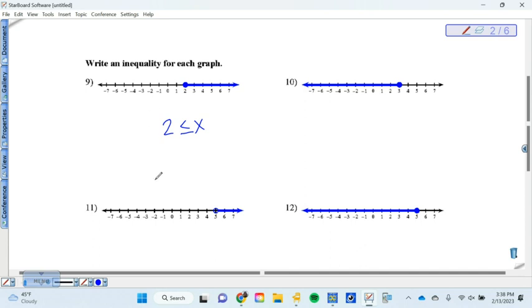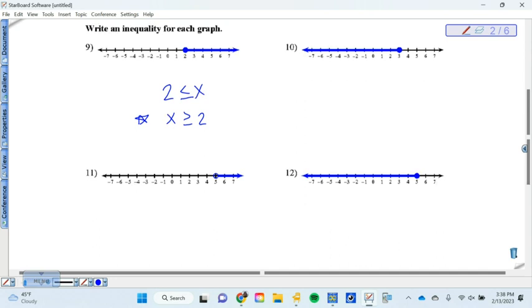How would I write this with the variable on the left-hand side? x is greater than or equal to 2. Yeah. Okay. So both of those options are good. Either one. This is grammatically correct. You're supposed to put the variable first, but this isn't wrong.